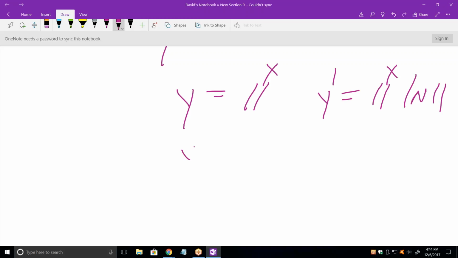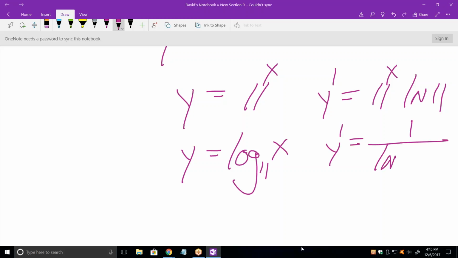If I have a log function, log base 11 of x, well, now y prime is, we know, 1 over natural log of 11 times x.